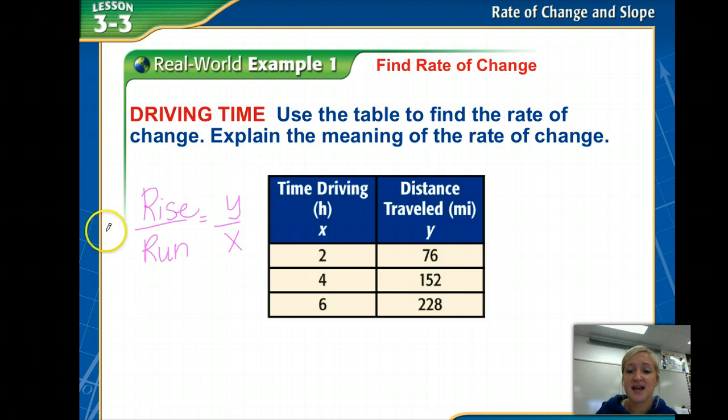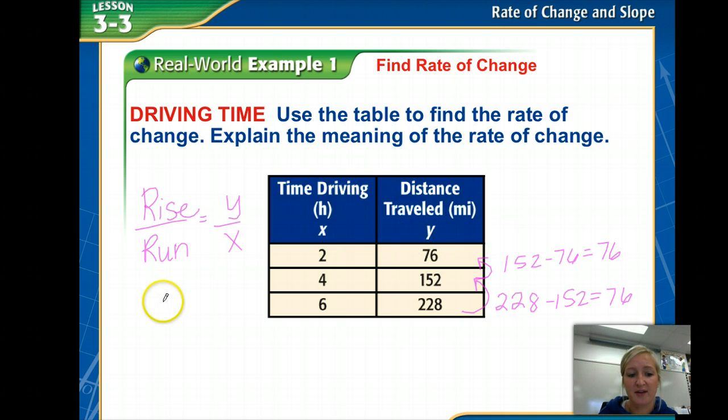So if they give us a table and they ask us to find the rate of change, what I always do is I start at the bottom of my table and I work upwards because I don't like to deal with negative numbers. 228 minus 152 happens to be 76. Well, 152 minus 76 is also 76.